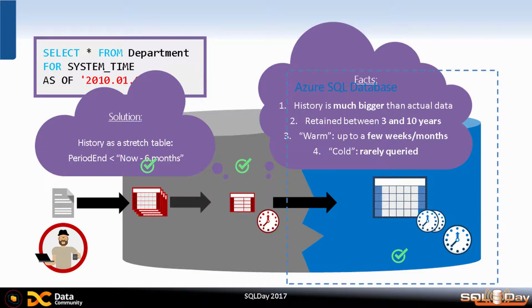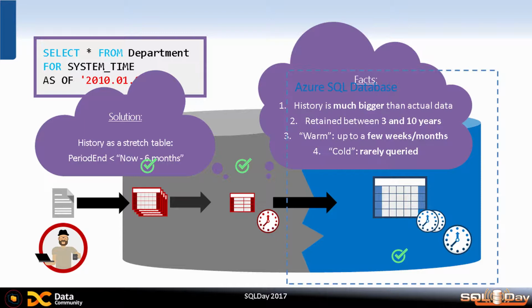Another recommendation concerns the history. The history is much bigger than the current data. The second point is just a sample: for example, if I want to retain 3 or 2 years, it depends on the business logic. We have two kinds of data.